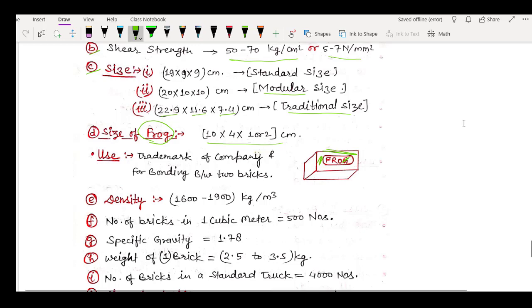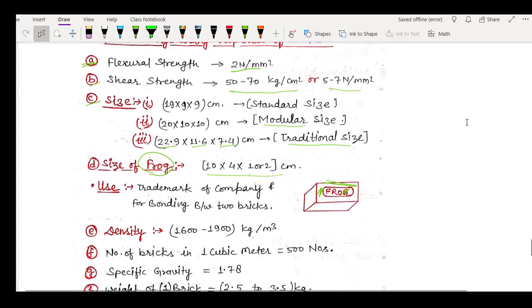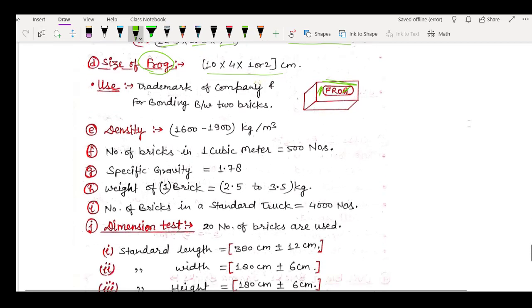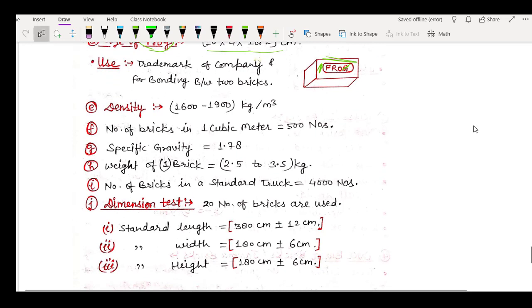Another important engineering property of brick is its density. Density should be 1600 to 1900 kg per meter cube. What is the number of bricks when placed in a 1 cubic meter structure? It comes out to be 500 in number.